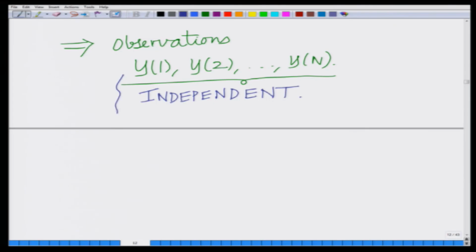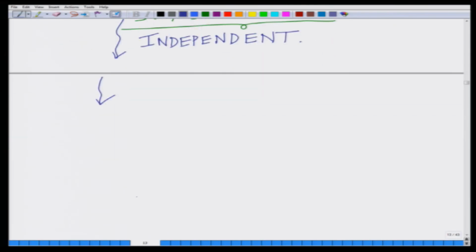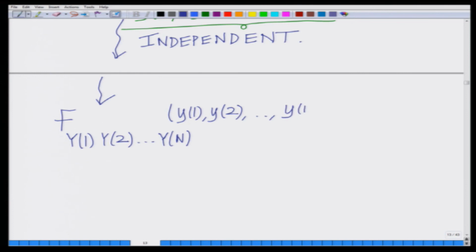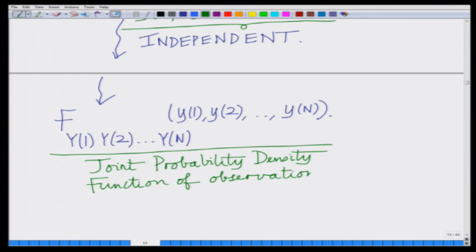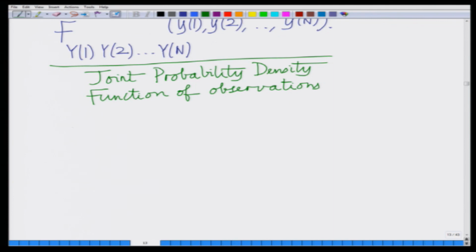Therefore, if I look at the joint PDF, that is f of y1, y2, up to yn, what is this? This is the joint probability density function of the observations.